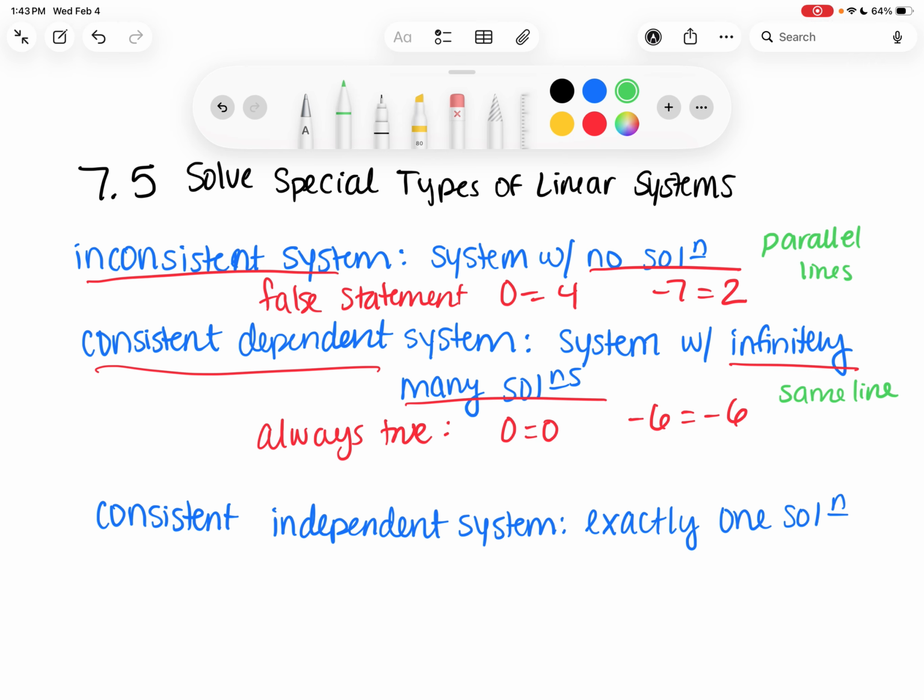It doesn't mean the equation's the same, but everything may have been multiplied by 2 when it really is graphing the same way. It was just a different equation, but that would still give you the same line. And then this one with exactly one solution, like what we had in 7.1, the lines intersect one time.